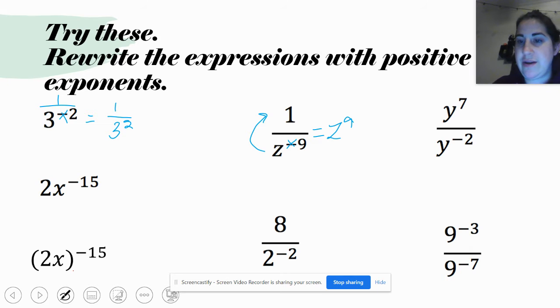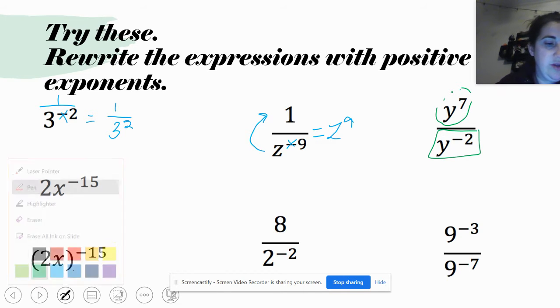Okay, what happens here? Well, this one's already positive, so we just want to move this part to a positive. So how do we do that?